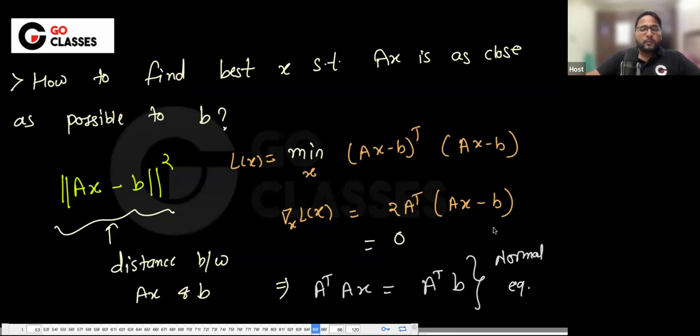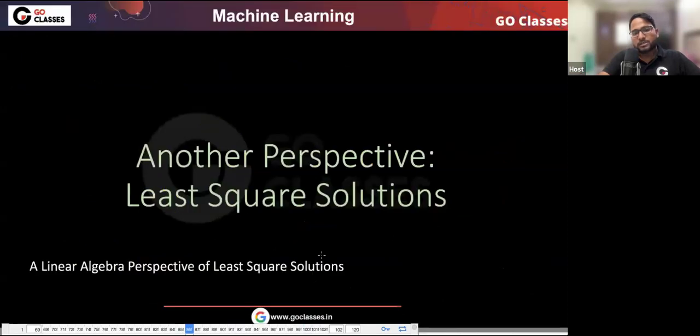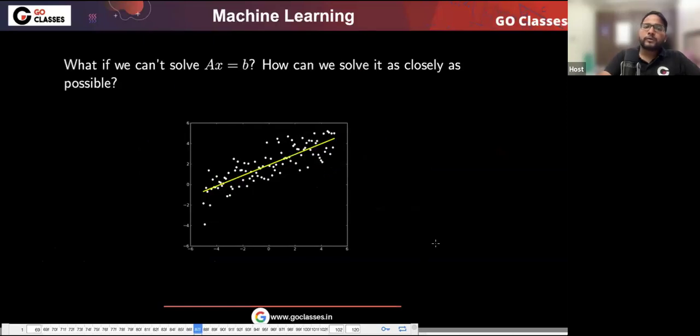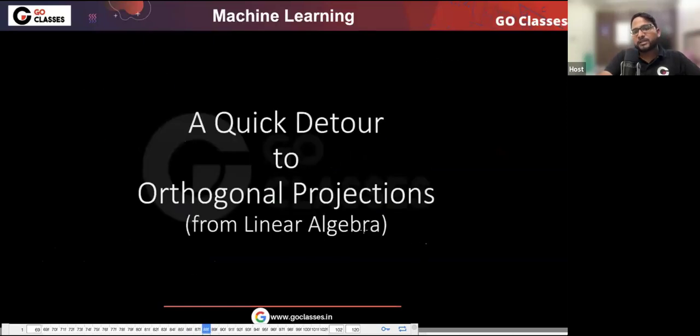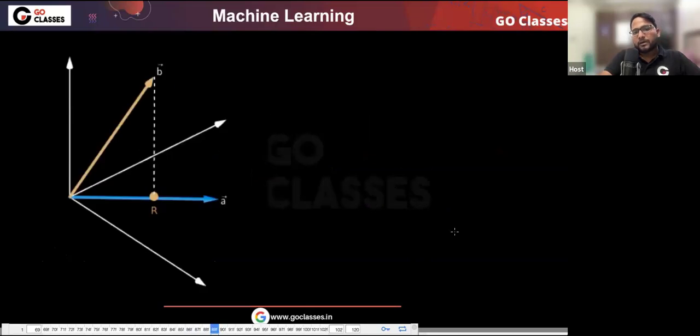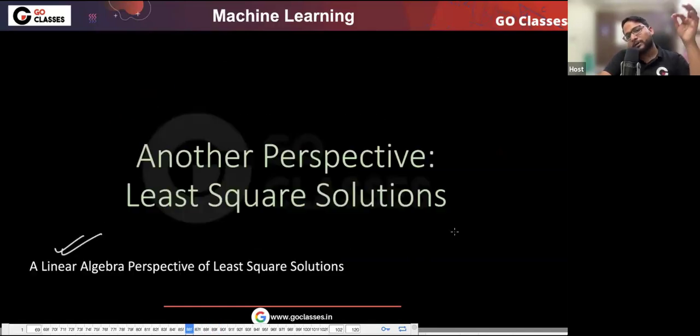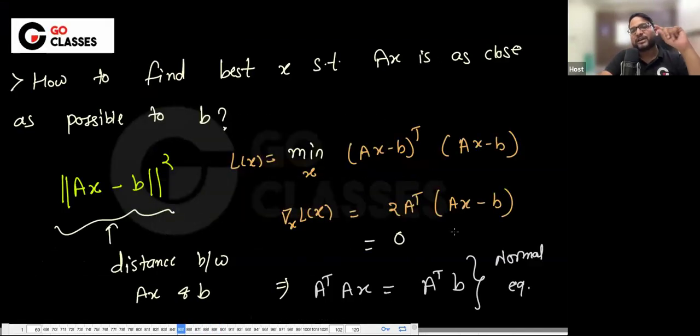But there is one more way of coming up with the same normal equation, by something called projection. We will talk about this projection matrix in tomorrow's lecture. So another perspective of this least squares solution is using linear algebra. We will be seeing the projection, and using the projection, without any gradient, we will not even be differentiating a single quantity x square.